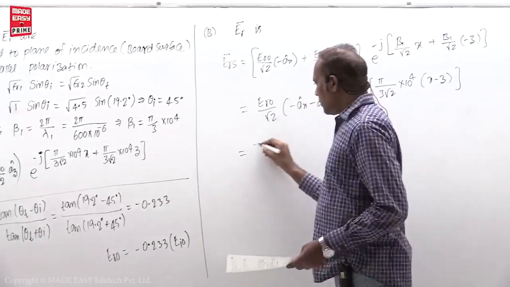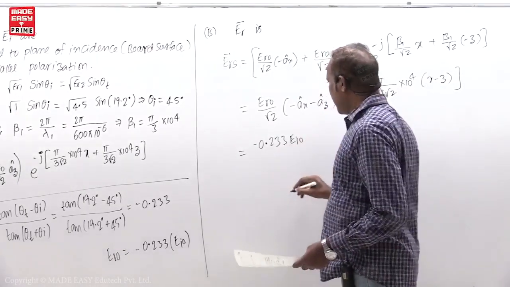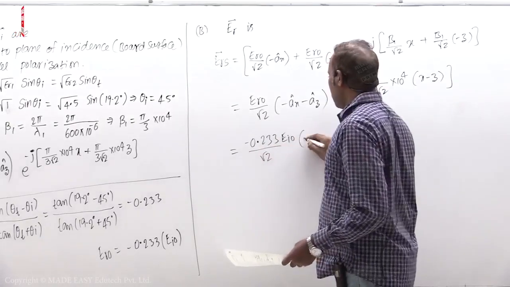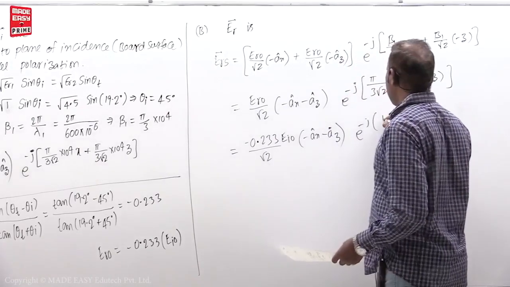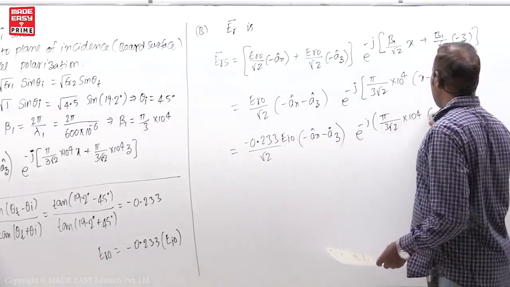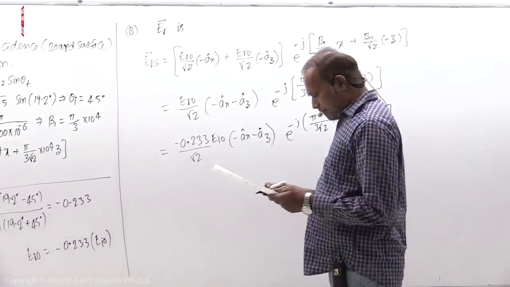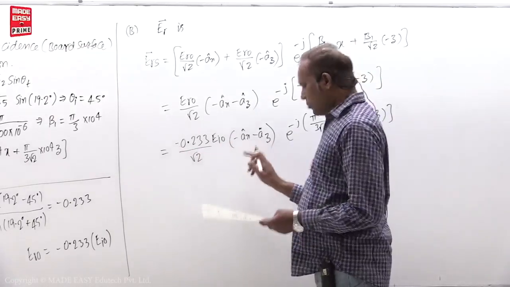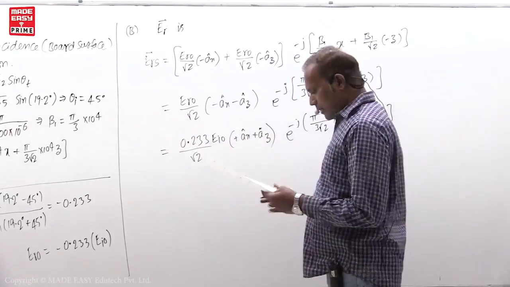That means ER0 is equal to minus 0.233 EI0 divided by root 2 times minus of AX minus AZ. So this is e power minus j pi by 3 root 2 10 to the power 4 x minus z. In the options, it is given like this only, without multiplication. So minus into this becomes a plus, students. So this is plus, minus is removed. So this is the option.